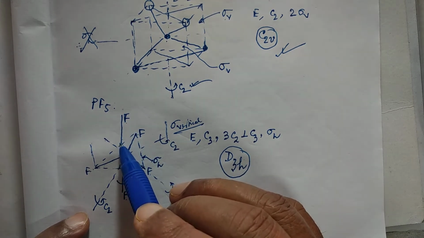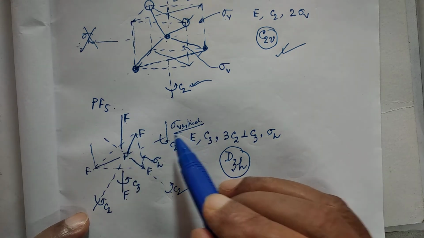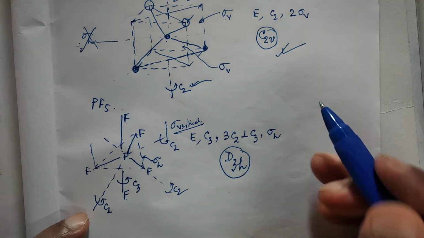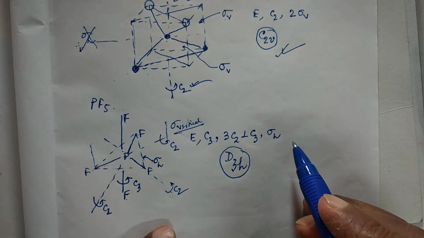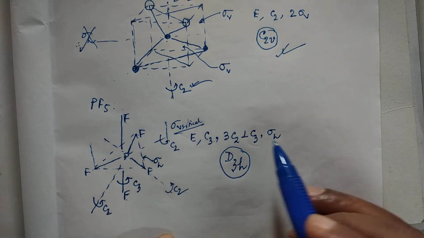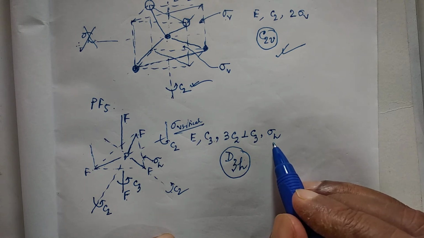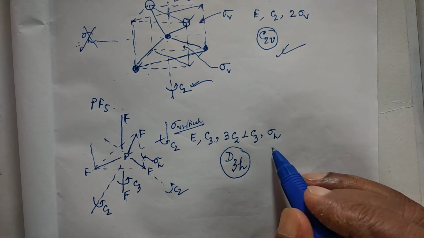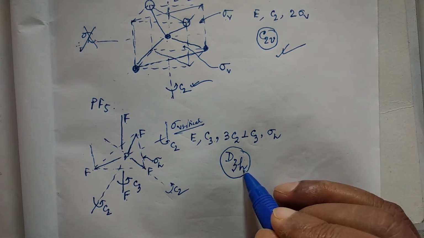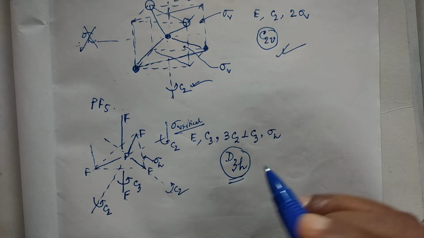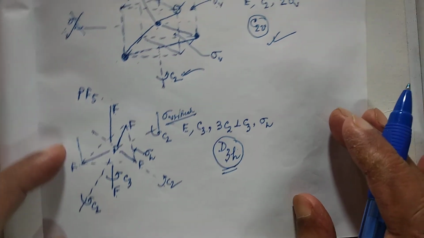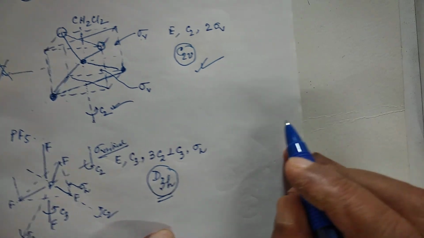So, if you try to find out sigma V first, then sigma H, then you will arrive at an incorrect result. You have to find out sigma H first, then there may exist sigma V. That will be a consequence of existence of sigma H. This will be shown in our further discussions.